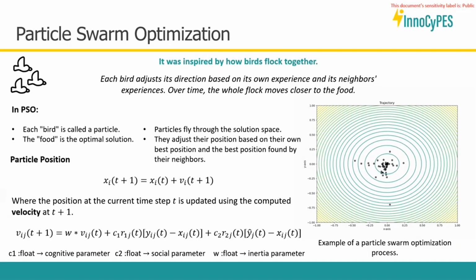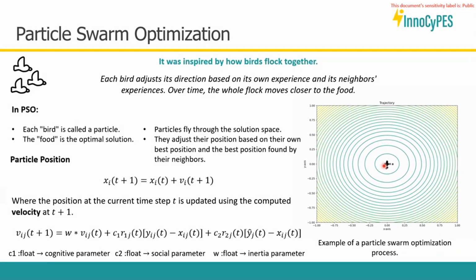They have a cost function associated with each particle in that specific iteration, and they share information among each other in a way, right? That's the example here on this side of how particle swarm optimization works. You see that there is a swarm navigating through the solution space, and via this shared information, they start getting closer and closer to the optimal solution, which is in the middle in this example.